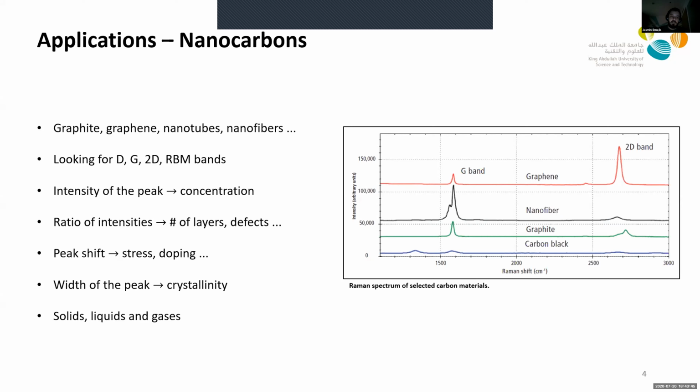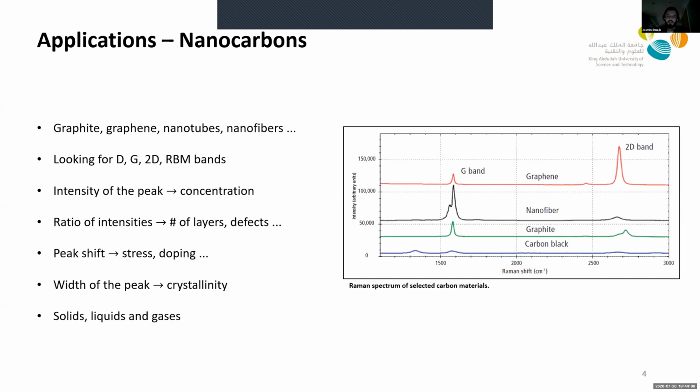The vibration mode of the atoms that are in the middle, we call the G band, and it's here. And instead, the D band is at the edge, and it's here. So we can see two different bands that are presented because of different vibrations.